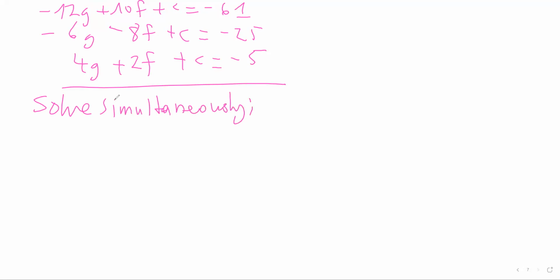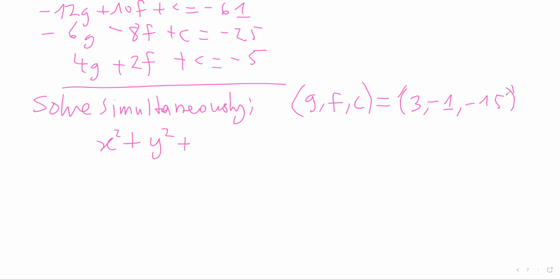Solve simultaneously for g, f, and c, and then you will get 3, -1 and -15, which gives us the equation of the circle x squared plus y squared plus 2gx plus 2fy plus c is equal to 0.